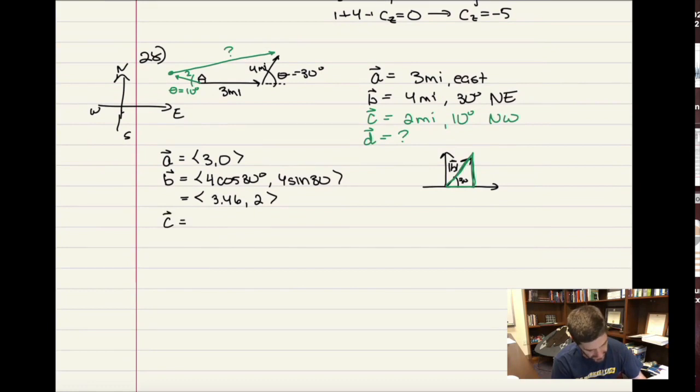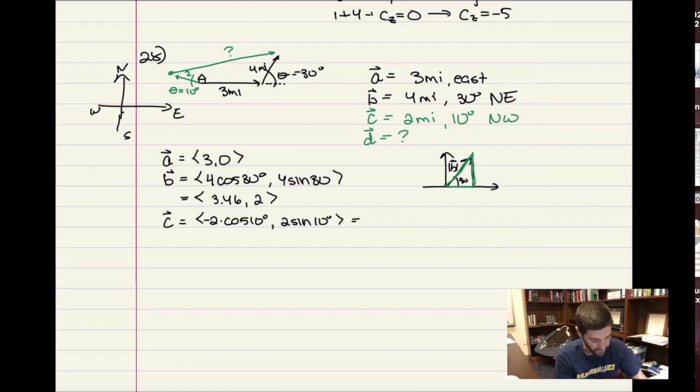All right, then what about C? C, I know, is pointing to the left and up, so I should expect the first number to be negative and the second number to be positive. And given where the 10 degrees are, I could evaluate that as 2 times cosine of 10 degrees, but I have to manually put in the minus sign because I want it to point to the left. And then this is 2 sine of 10 degrees, which will be positive.